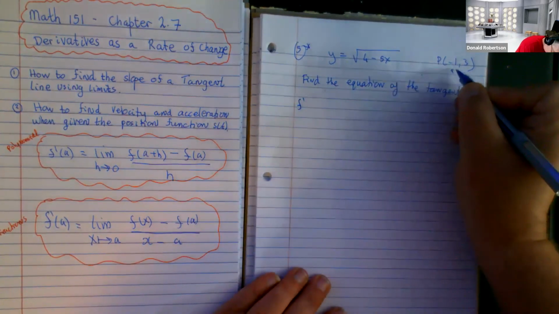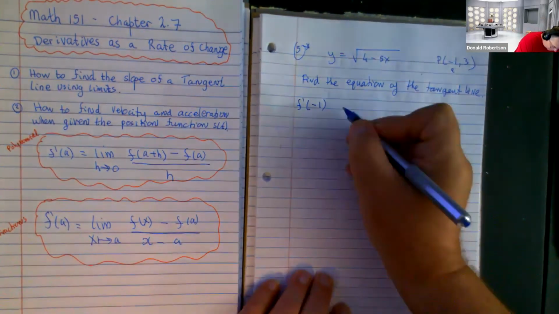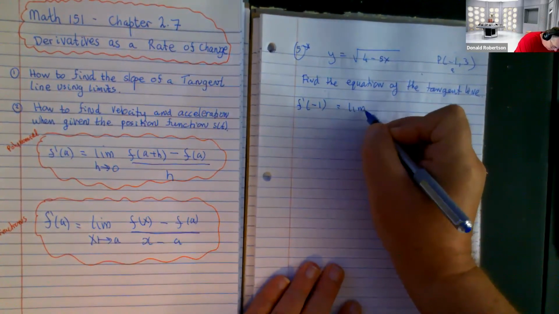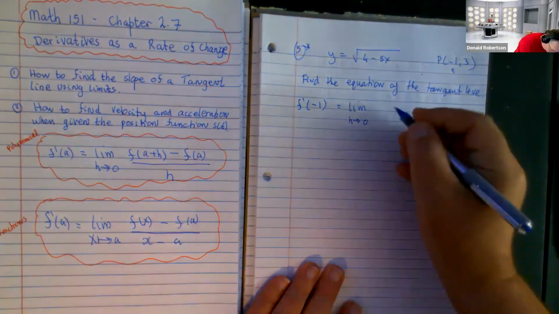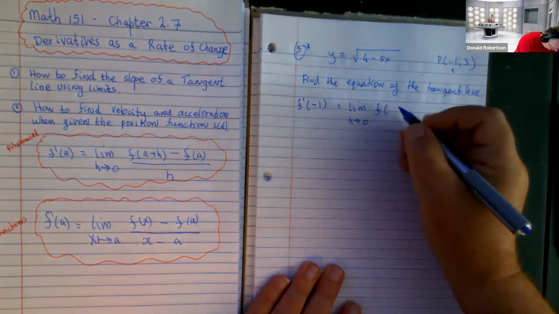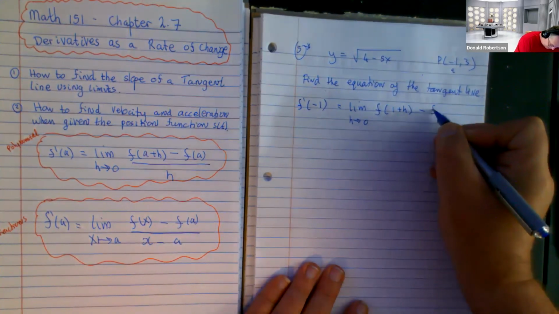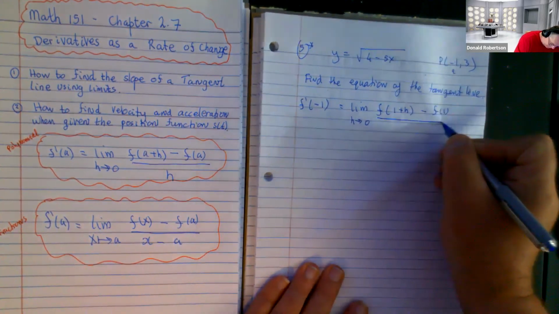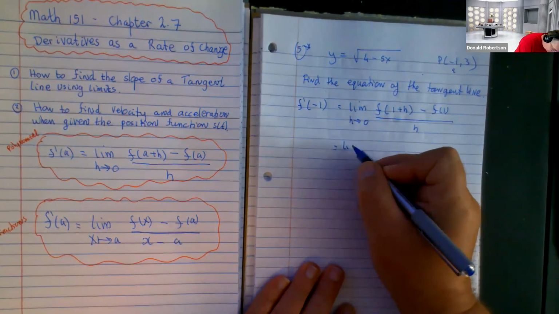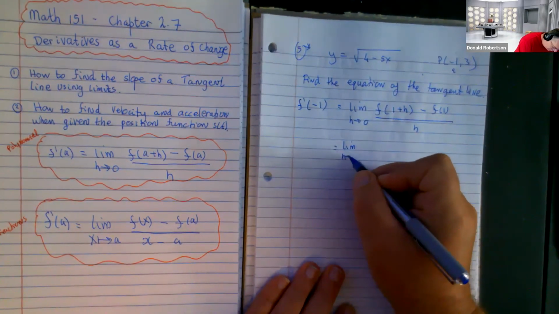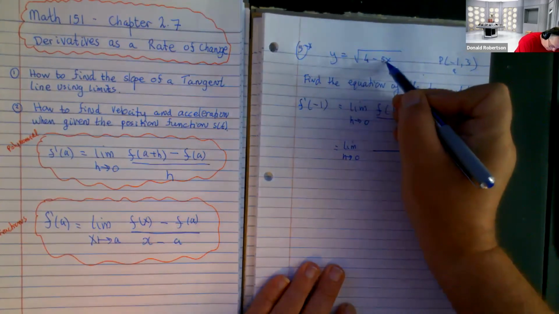So A here is going to be -1. So I'm going to find f dashed of -1. And it's going to be the limit as h tends to 0 of f of -1 plus h, take away f of -1, all over h. So it's going to be the limit as h tends to 0. Right, f of -1 plus h basically goes inside here.